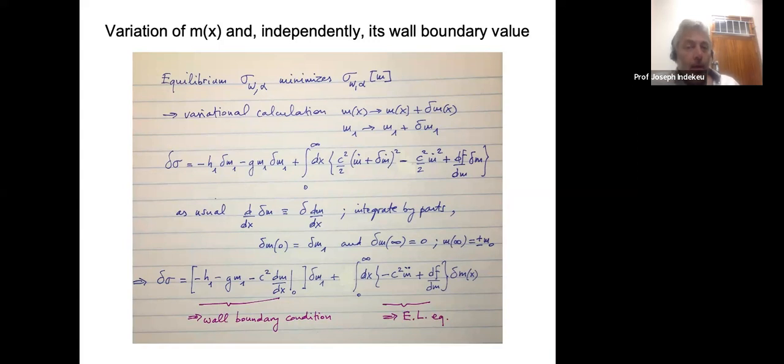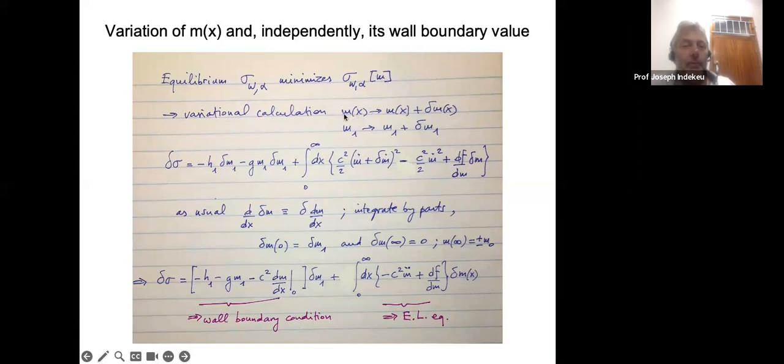That's one ingredient. And if you look at the top of the slide, the Euler-Lagrange equations are obtained by requiring the functional to be extremal with respect to variations of m, which is a function here in the functional.